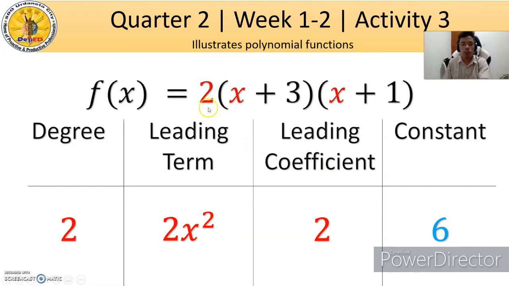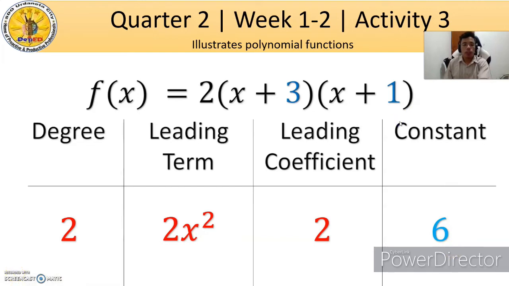So we will have 2 times x times x, that is 2x². Also, we can get the constant by simply multiplying the factor outside and the constants in the binomials. So we will have 2 times 3 times 1, that would be 6.